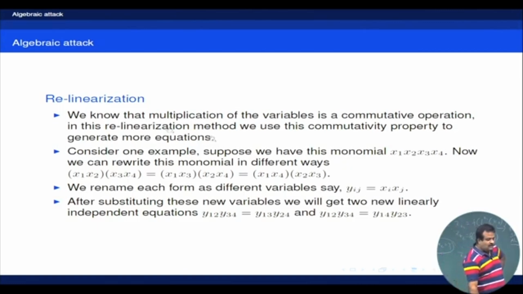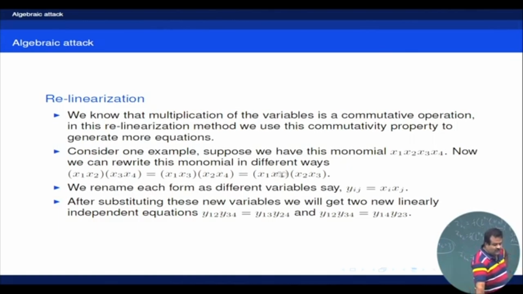We know that multiplication of variables is a commutative operation. In the relinearization method we use this commutativity property to generate more equations, because the system of equations we are getting is not giving a unique solution.